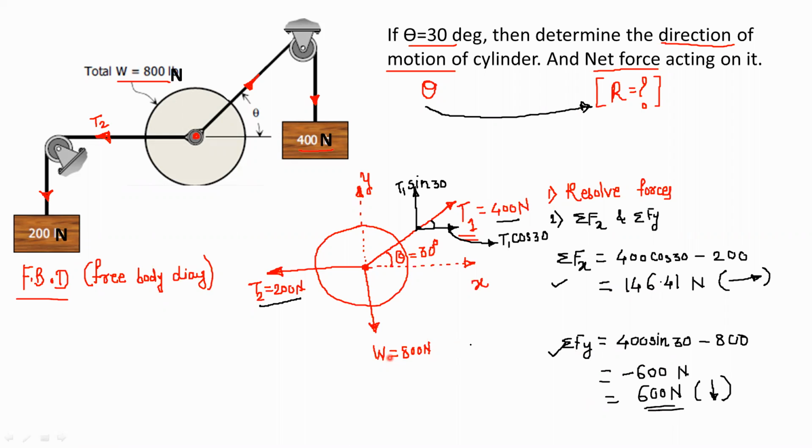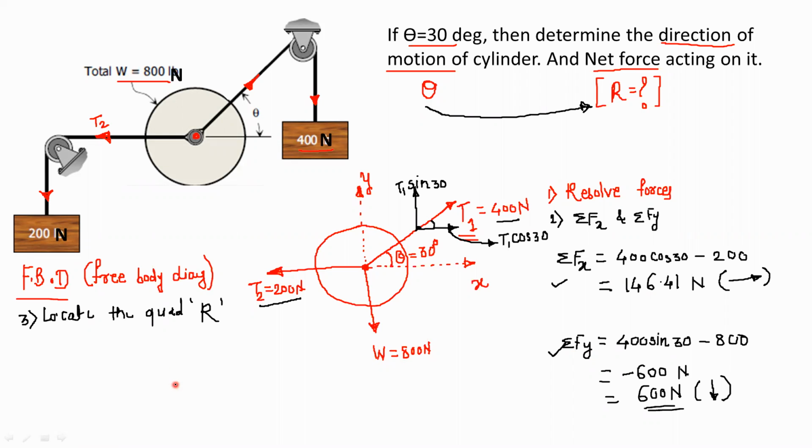Now locate the quadrant. So you can consider this as a third step. Locate the quadrant for the resultant. So it will depend on the summation Fx and summation Fy.